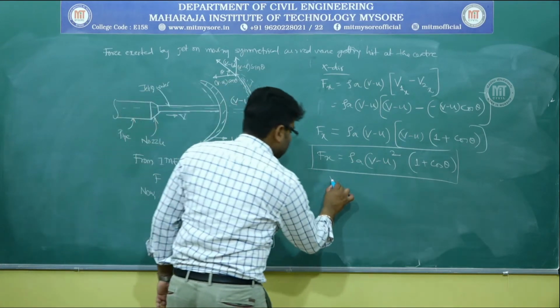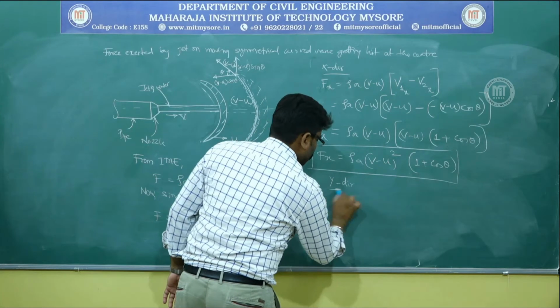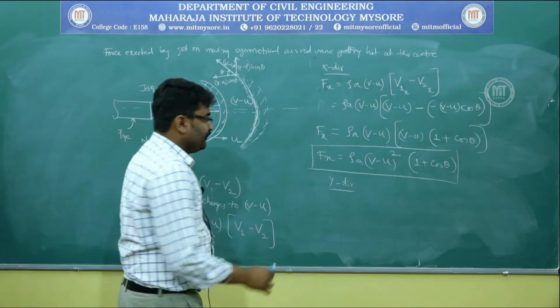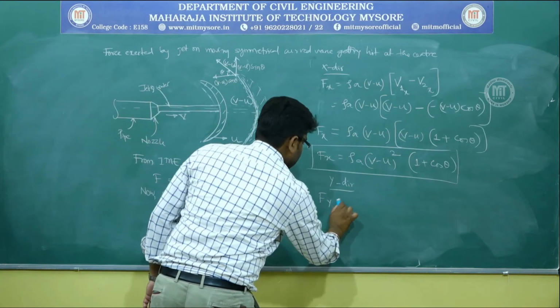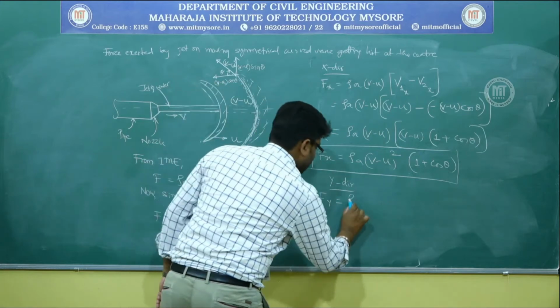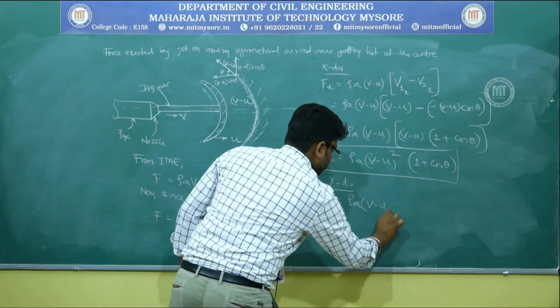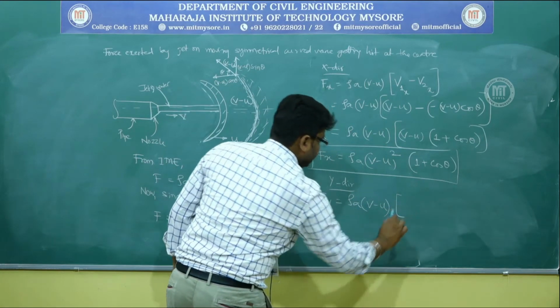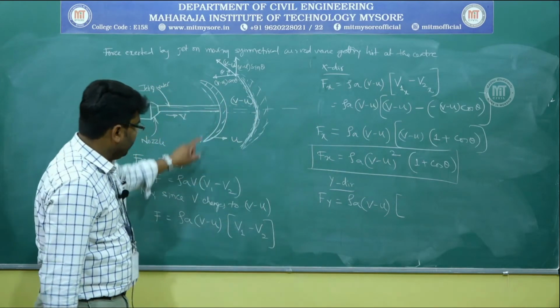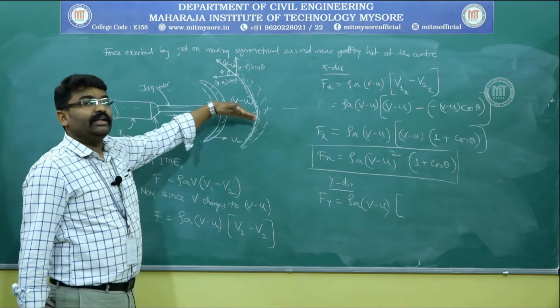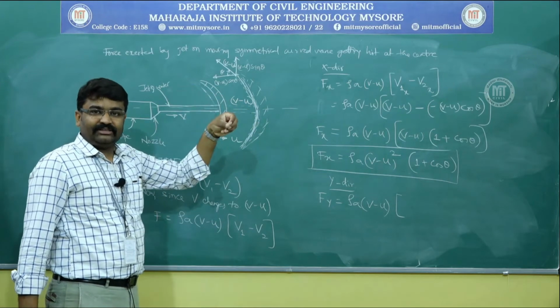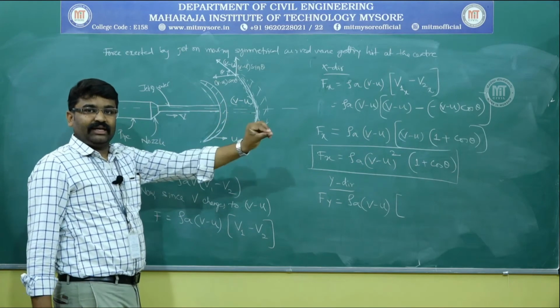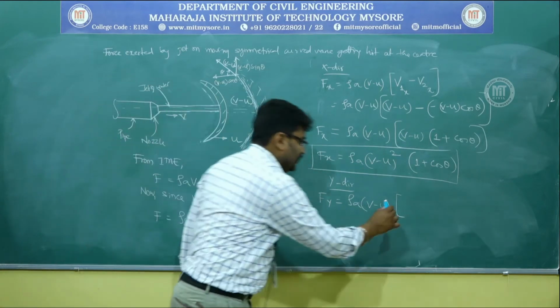Now similarly, if I consider the y direction, you have Fy is equal to rho a into v minus u into initial velocity in y direction. If you observe, there is no initial velocity in y direction because the initial velocity is in pure horizontal direction.